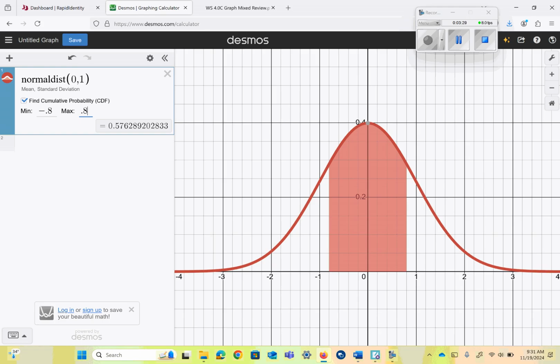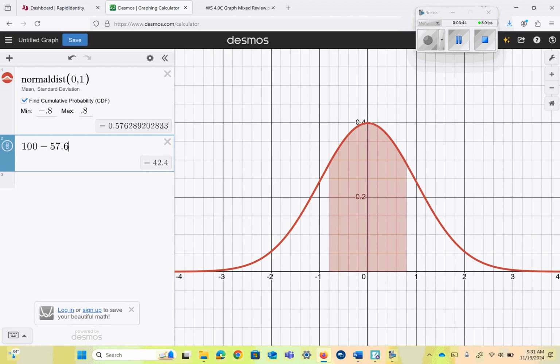But they want what area is not colored. So basically, all you have to do is a little arithmetic: 100% is the whole area minus 57.6%. So that means that 42.4% of the area underneath this curve is not shaded. So make sure you're paying attention on those kinds of questions.